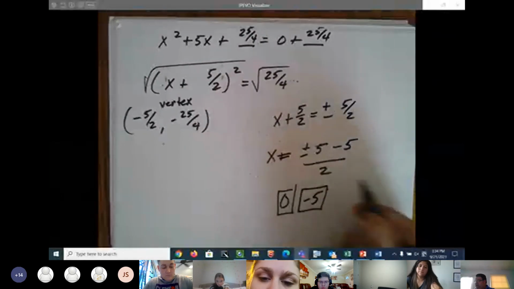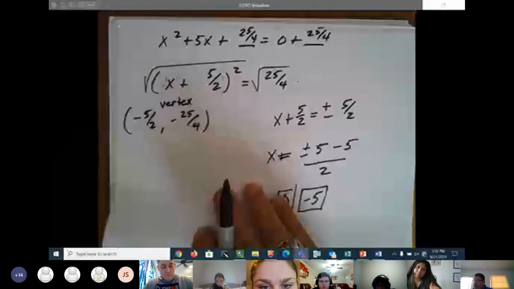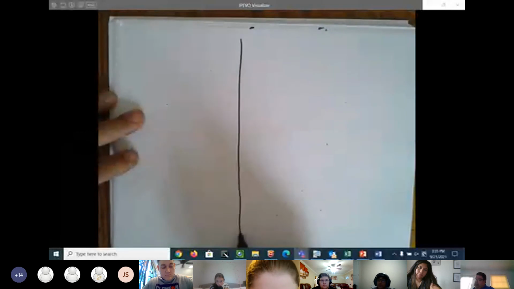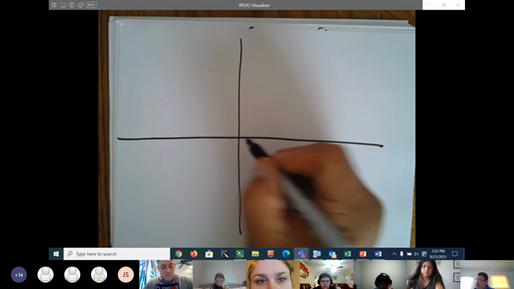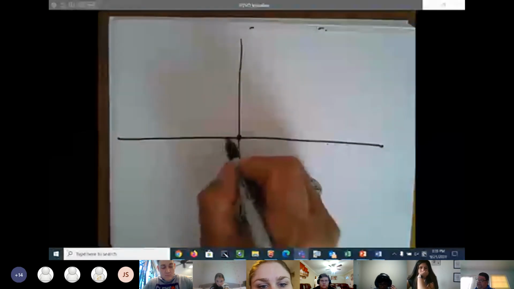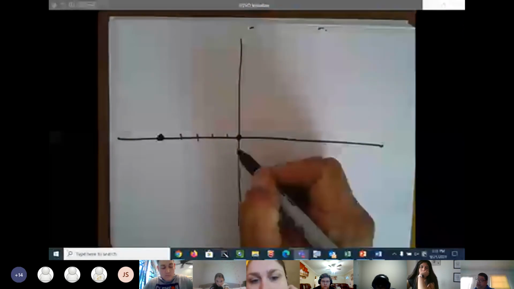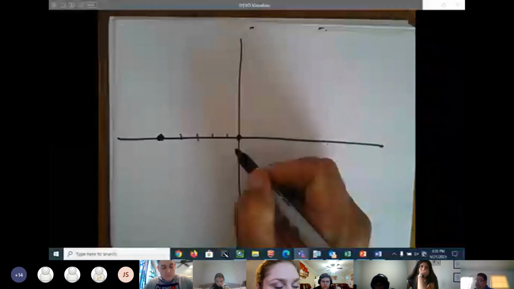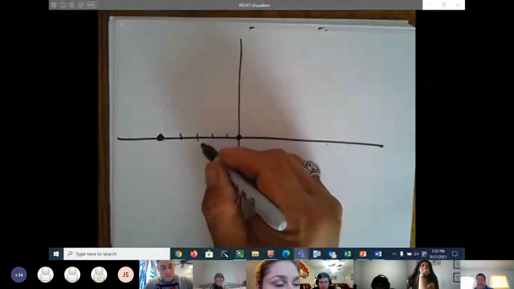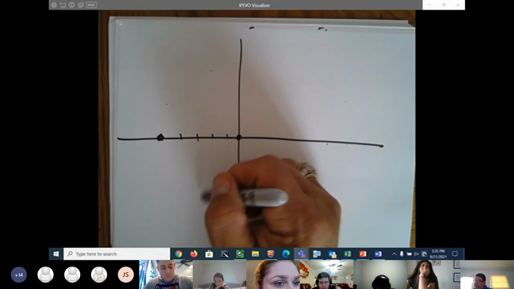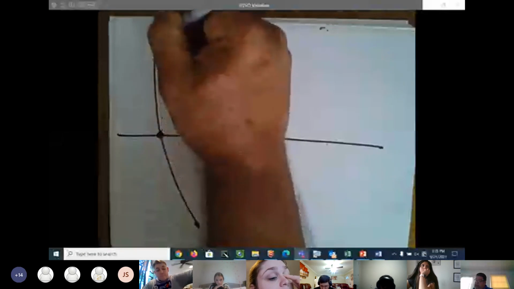So there's our x-intercepts. Y-intercept is 0. So we've got a graph that looks like this. 0 is one x-intercept. Negative 5. 1, 2, 4, 5. We got a vertex of negative 2.5. 1, 2. And negative what? 6 1/4. And looks something like this.